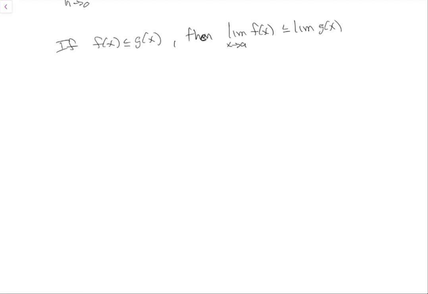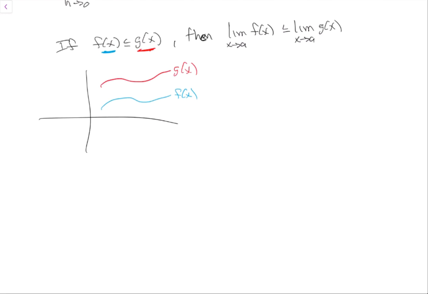So as x approaches a, these limits will have this relationship as long as f is less than g. If we think visually for a second, I'm going to pick two different colors. What we're saying here is f is less than g. So f, I'm going to make my blue function, and it is smaller. So let's say here's the function f, and then g is larger, right? So g is somewhere up here. They don't have to be the same shape.